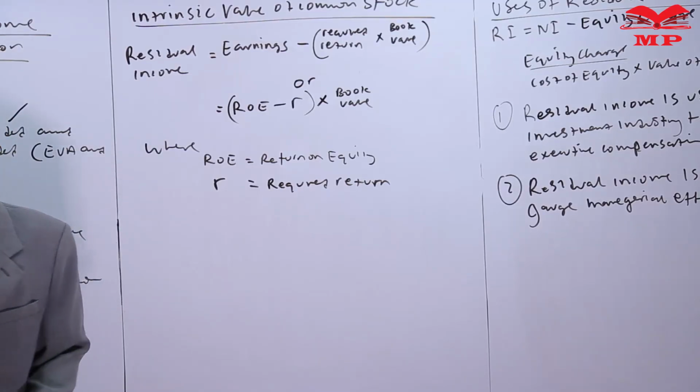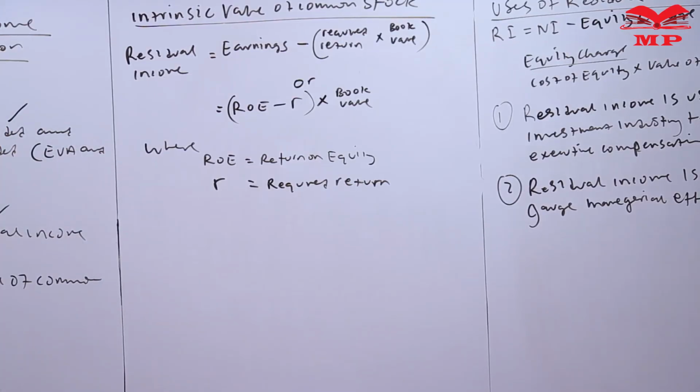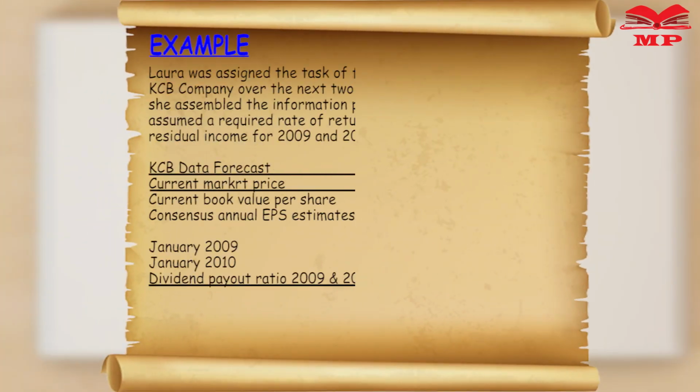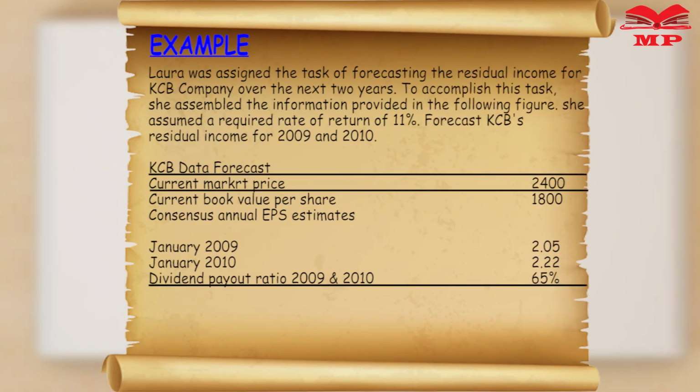Let's look at an example that can highlight or apply that understanding. Laura was assigned the task of forecasting the residual income for KCB company over the next 2 years. To accomplish this task, she assembled the information provided in the following figure.